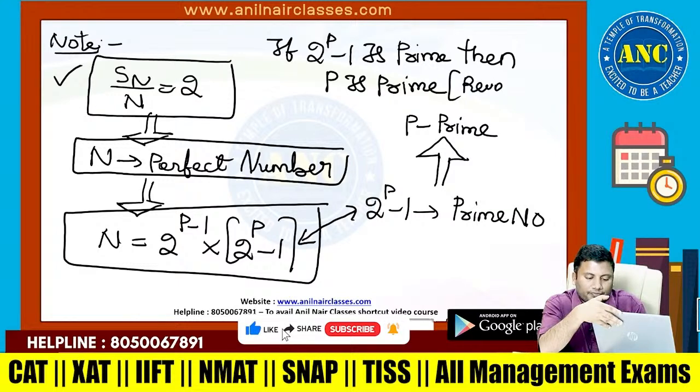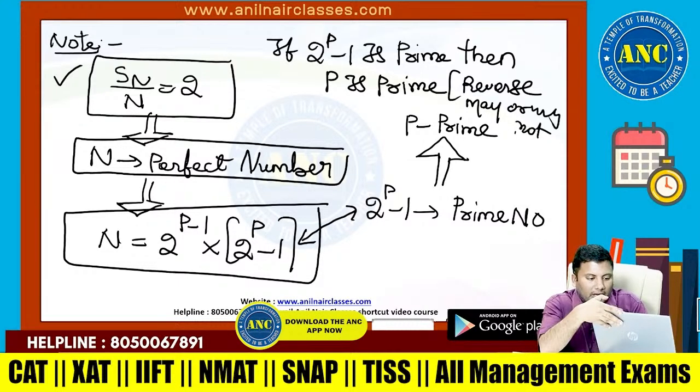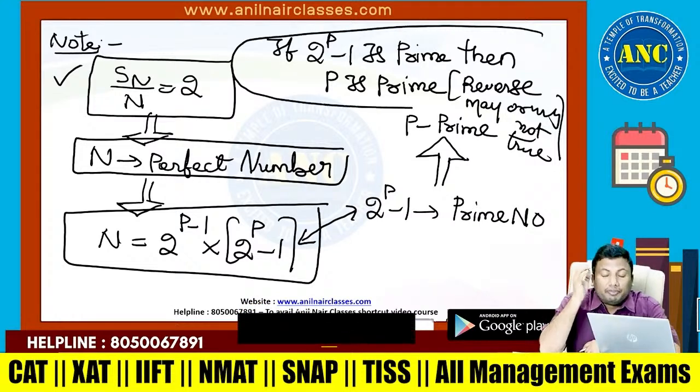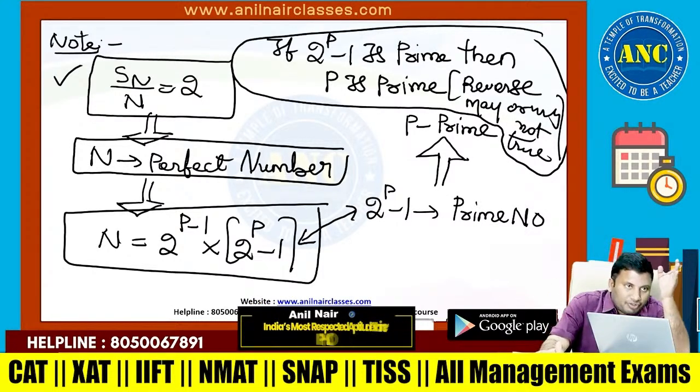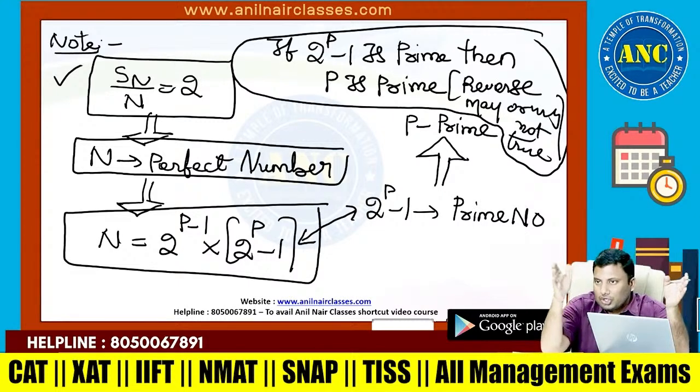Reverse may or may not be true. Please write down this point. If 2 power p minus 1 is a prime number, this should be true.